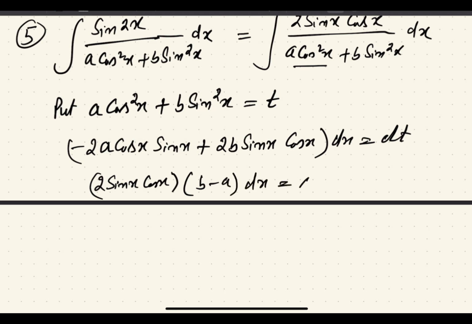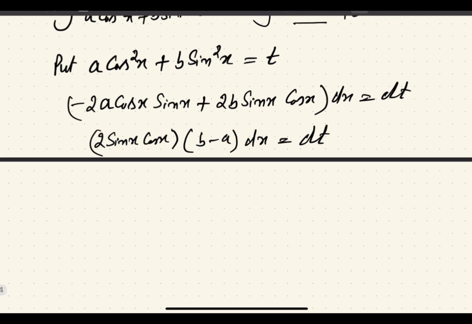dx equal to dt. I will take this to the other side, and it's constant. Everything should be in dt or a constant, and this will give you 2 sine x cosine x dx equal to 1 over b minus a dt.